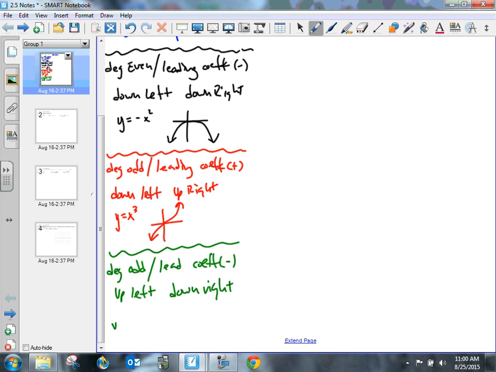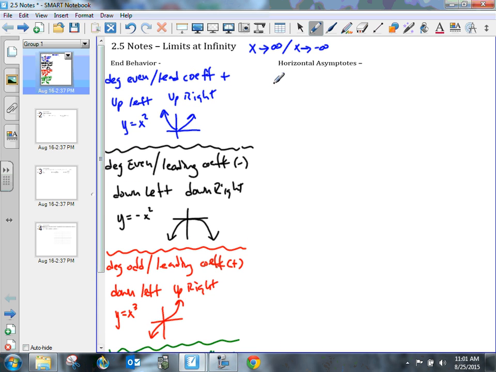Okay, and so I think of the equation y equals negative x cubed, and that function looks like this. Okay, so we go up to the left, down to the right. Okay, so that's just what's going on with end behavior, just to make sure that you understand what's going on there. And I also want to talk about horizontal asymptotes, okay?